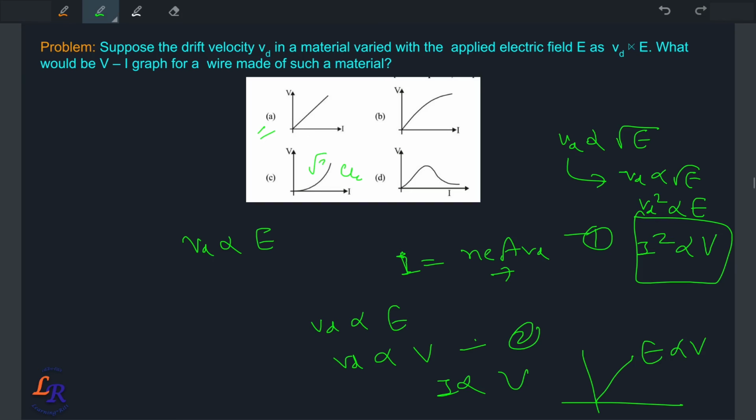So this is for Vd proportional to E, and this is for Vd proportional to root E. So that's important. You understand the concept, don't remember the question. Even sometimes people remember the question and don't think about the changes, and then just tick the old remembered answer, and that's a very big mistake you people do. So you don't do that.